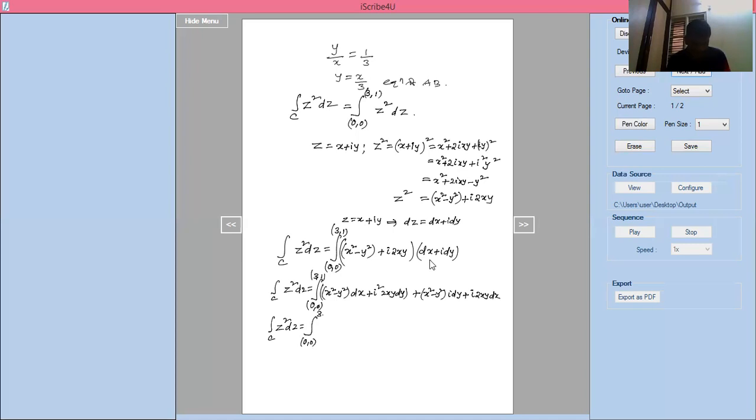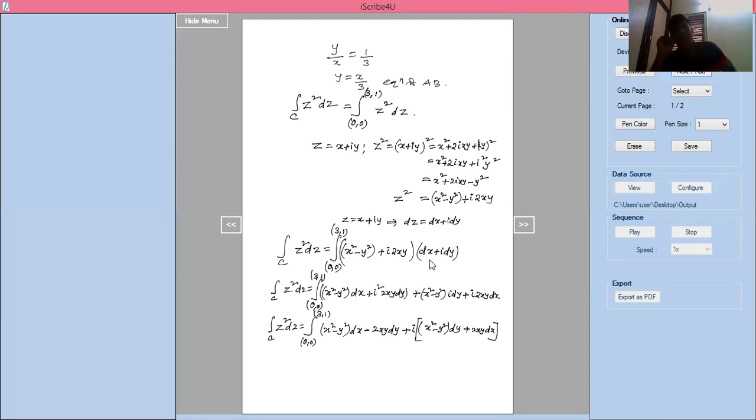That equals the integral of (x squared minus y squared) dx plus i squared, which is minus 1, times 2xy dy, plus i times (x squared minus y squared) dy plus 2xy dx. So this is the required expression we have to get here.